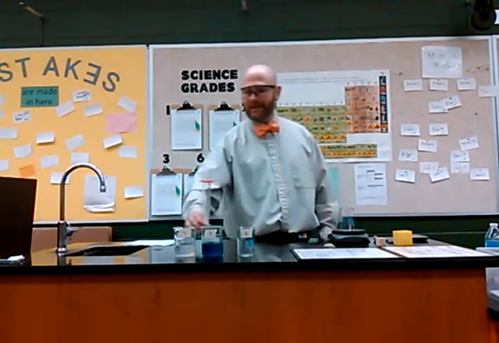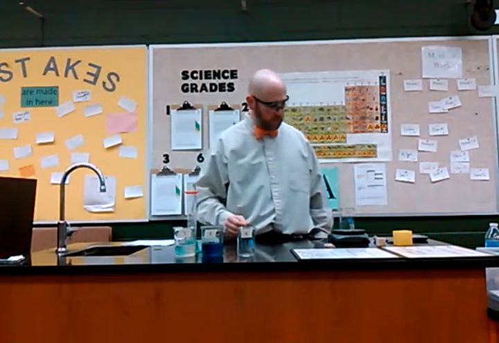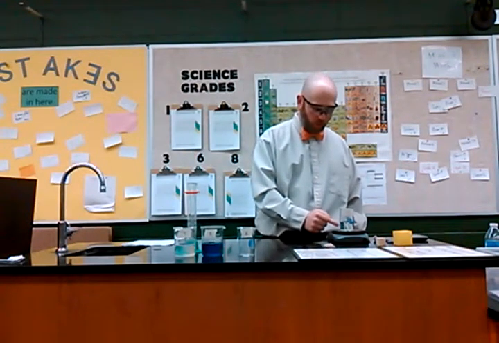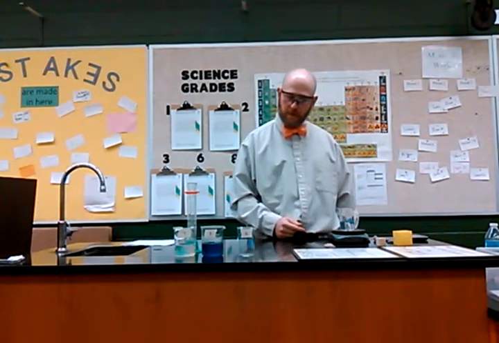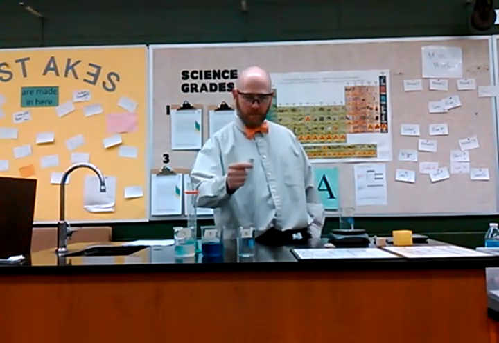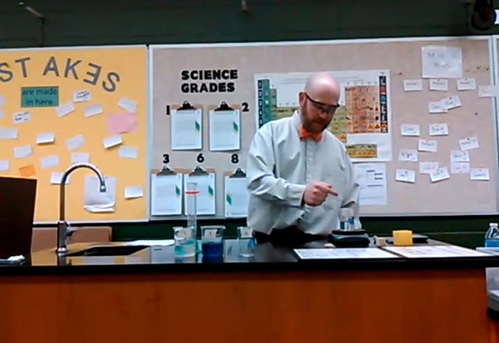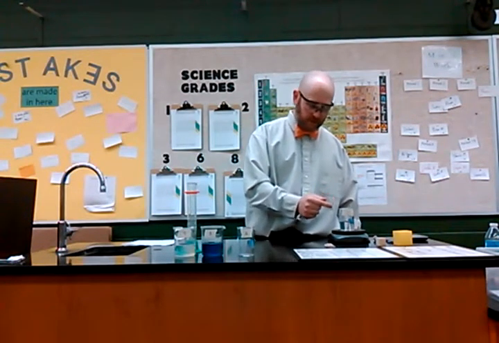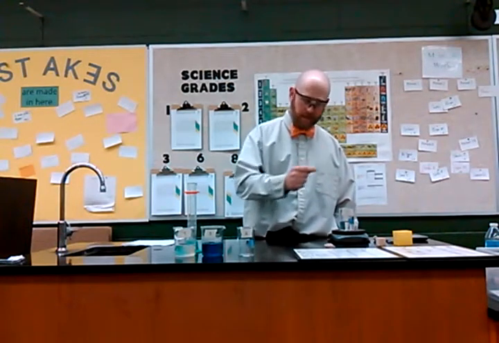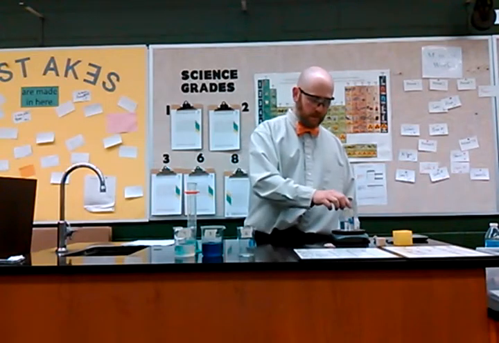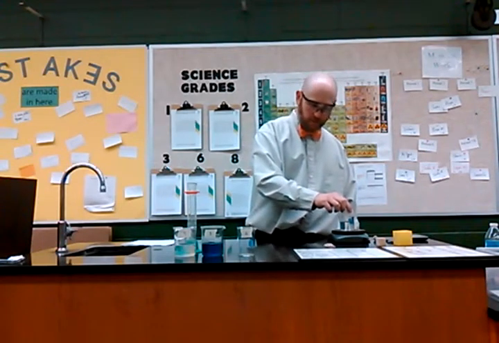When I add 70 milliliters to the beaker, now with the water in the beaker, the mass is 134 grams. I would write that on my table, but I would have to take the mass of the beaker, which is 66 grams, and I would subtract that from 134 to determine the mass of the water.